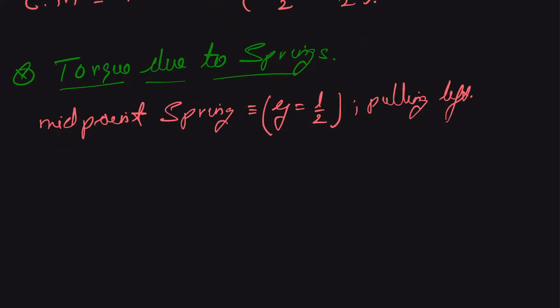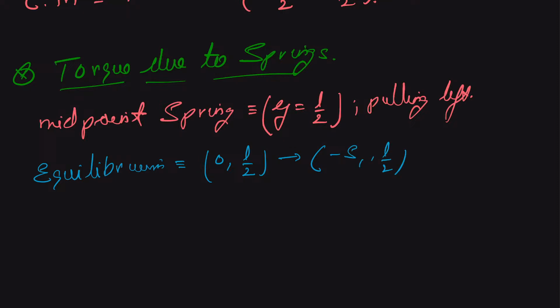And for equilibrium, we can say that our spring initial position was 0, L by 2, and it moves, suppose through the complete distance, to minus S1, L by 2.